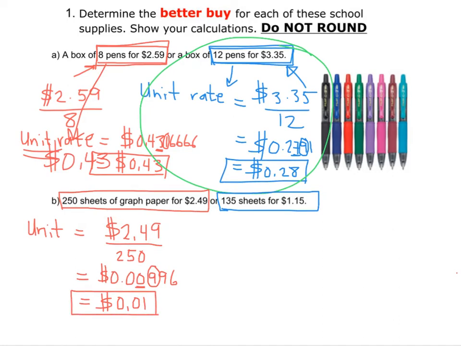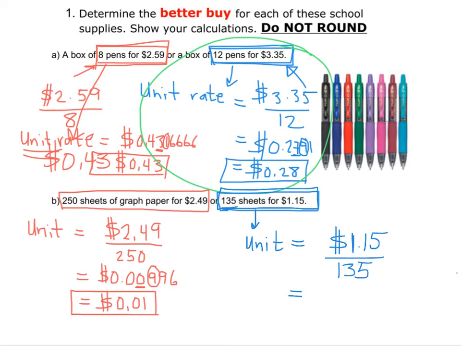In the second one over here, when I look at the next box, I have 135 sheets for $1.15. So figuring out the unit rate here per sheet, I'm going to take the $1.15 and divide it by 135.